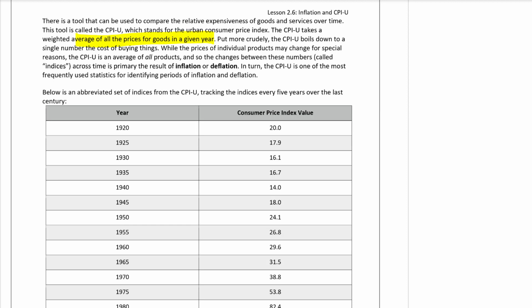And you average it out and you produce a number. The CPIU as an index doesn't have any units, but it gives us an idea how much things cost in a given year. The bigger the number, listen to this, the bigger the number, the more money you need to buy the same thing.